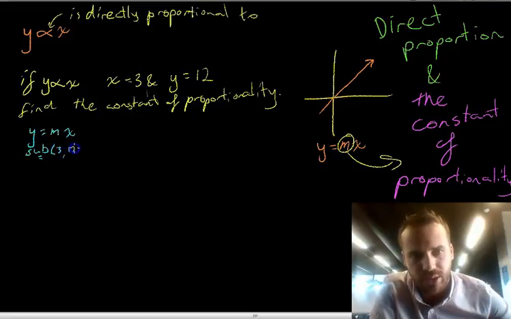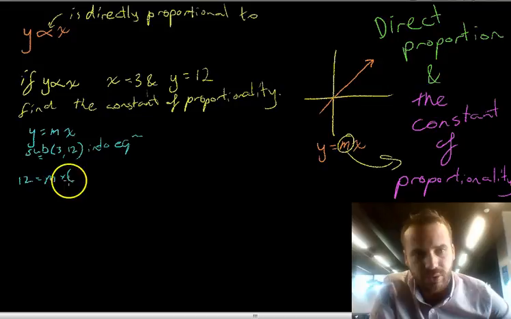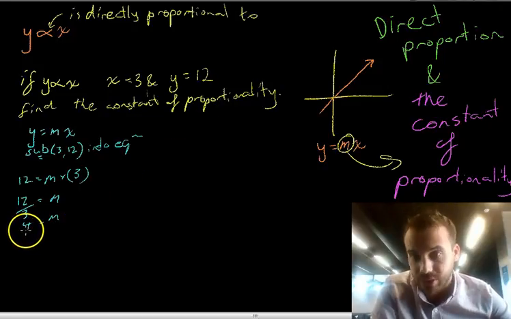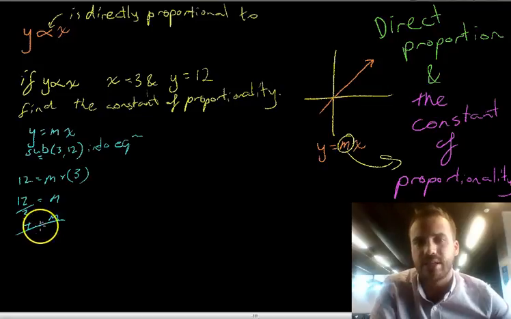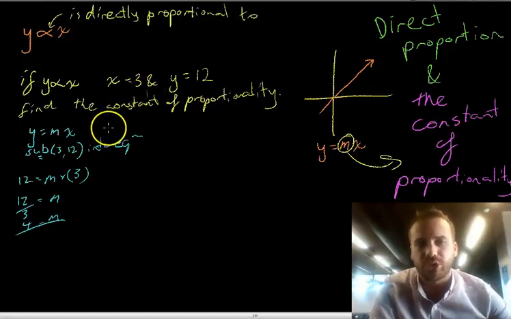Sub 3, 12 into the equation, and we end up with 12 equals m times 3. 12 divided by 3, that means that m equals 4. The constant of proportionality in this case is equal to 4. So that's one way that we can use this constant of proportionality idea.